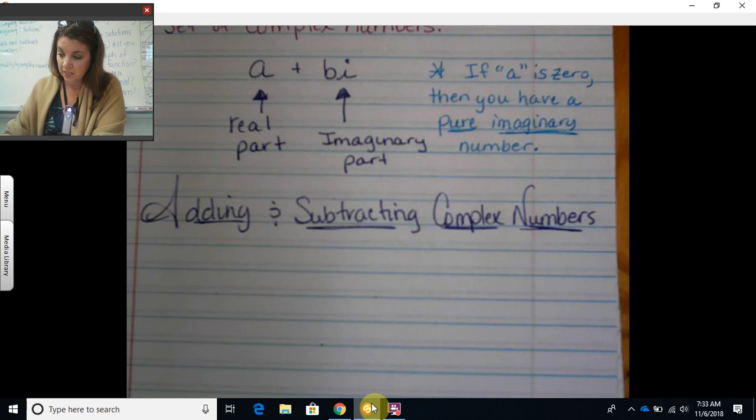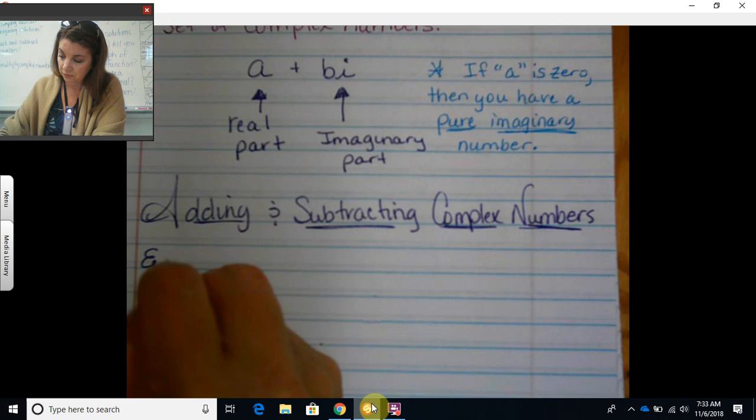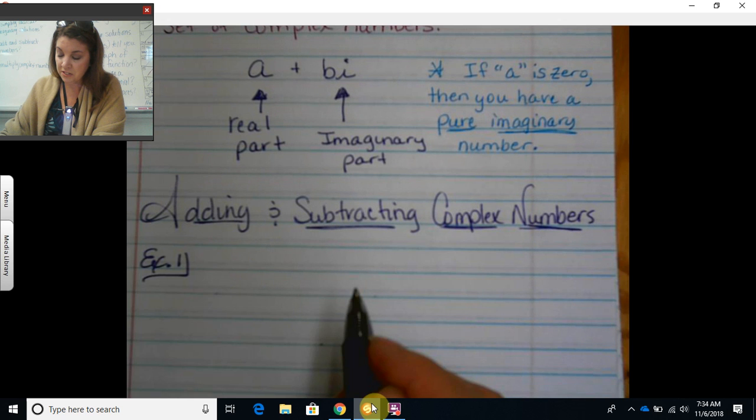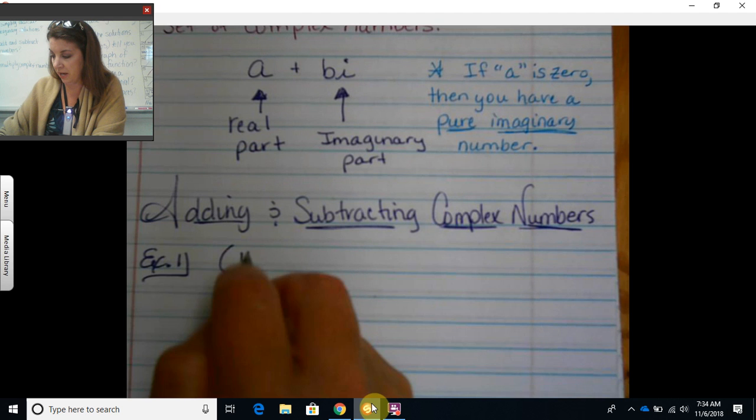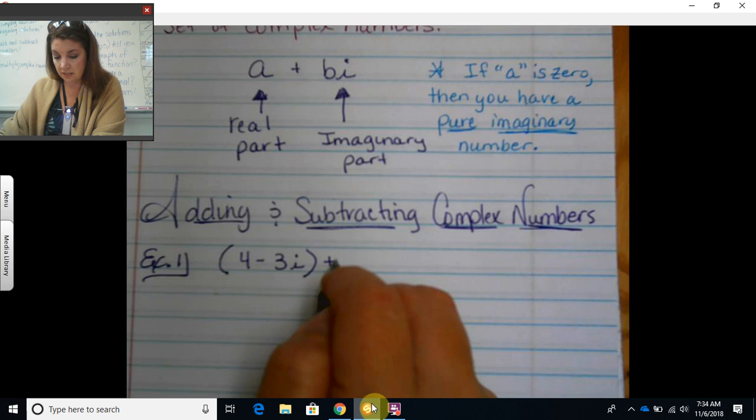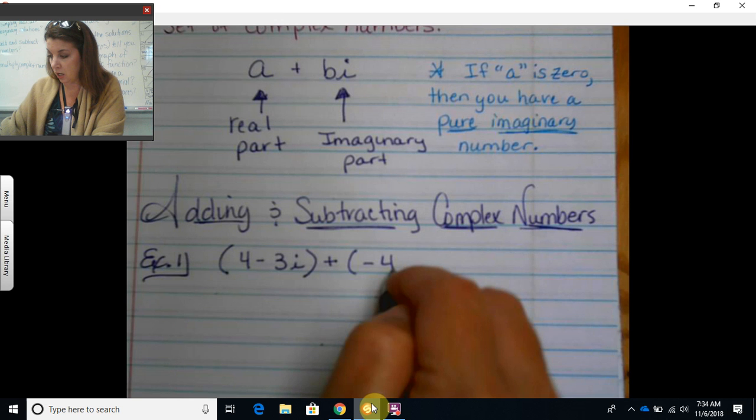Example 1. Alright, so my first set of parentheses, I have 4 minus 3i plus negative 4 plus 3i.